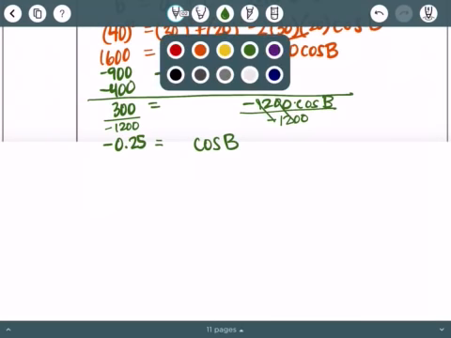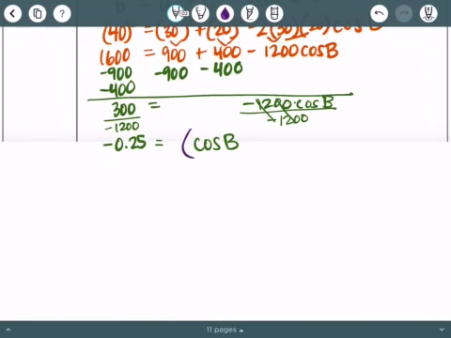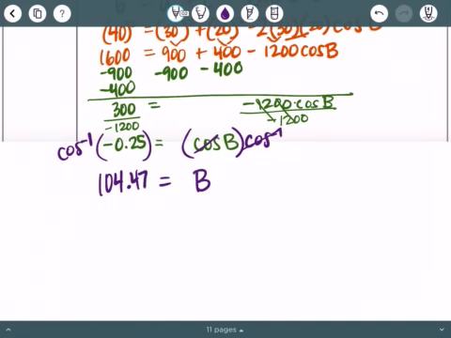In order to get rid of my cosine, I need to do the inverse cosine, cosine to the power of negative 1. So I'm going to do my cosine inverse on the other side as well. It's going to cancel my cosines and leave me with just B equals, I'm going to go to my calculator and type the cosine inverse of negative 0.25 equals 104.477.